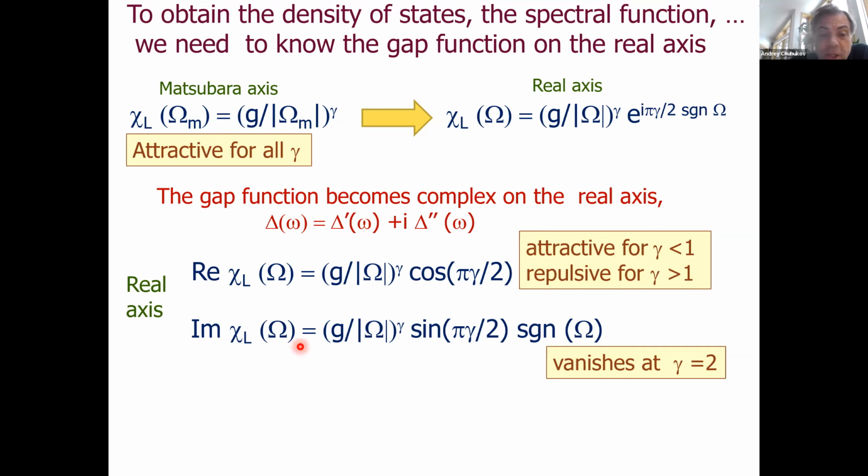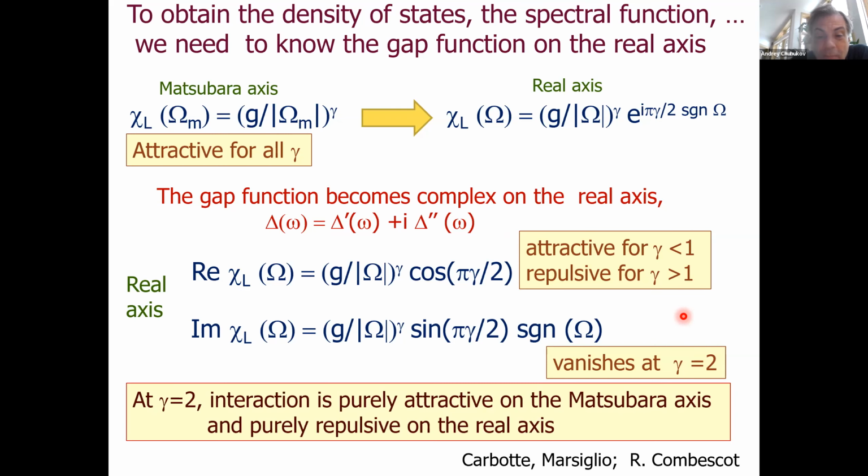But if you look at the imaginary part of this interaction, you find that it vanishes at gamma equal to 2. And remember, gamma equal to 2 is the case of electron-phonon interaction when the Debye frequency tends to 0. And then you have a unique situation that for this particular case of gamma equal to 2, the interaction on the Matsubara axis is completely attractive.